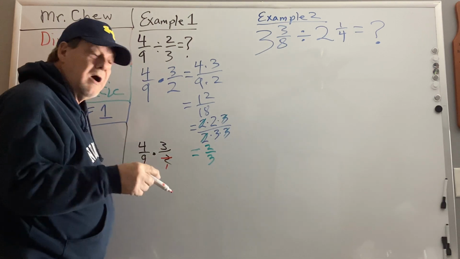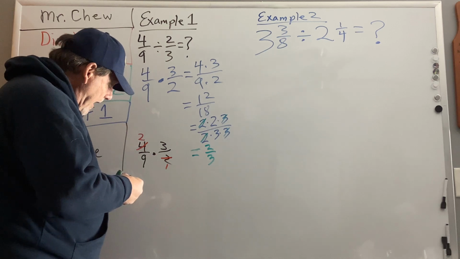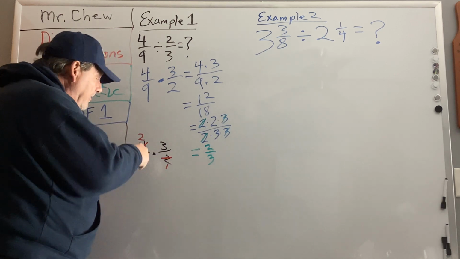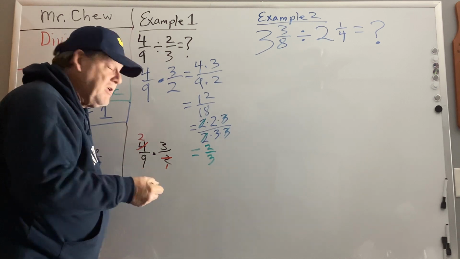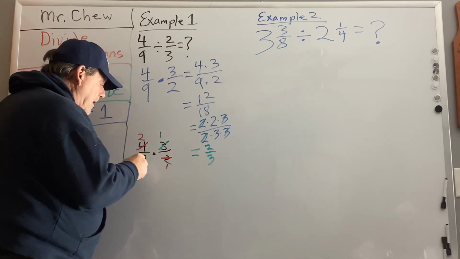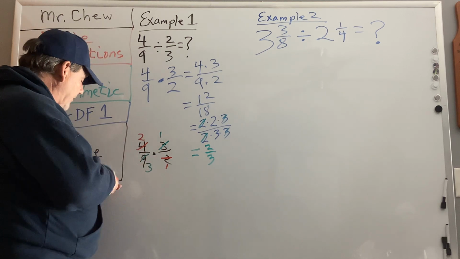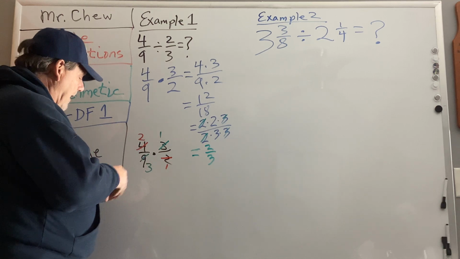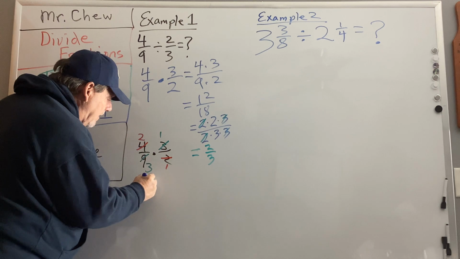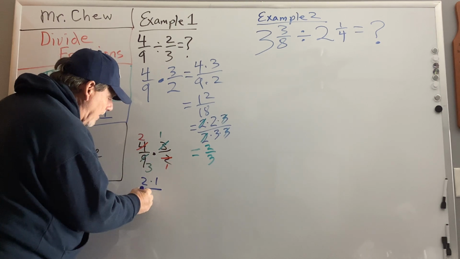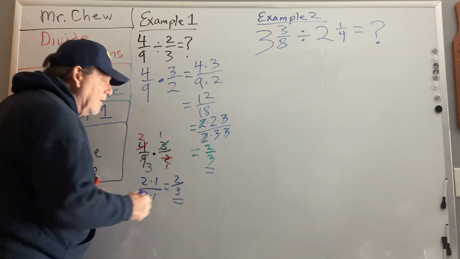I just factored a 2 out of there. 4 divided by 2 is 2. Now I do the same thing on the diagonal of 3 to 9. They are both divisible by the same number. It happens to be 3. 3 divided by 3 is 1. 9 divided by 3 is 3. So now I multiply across, and I get 2 times 1 over 3 times 1, which is 2/3, which is the same answer.